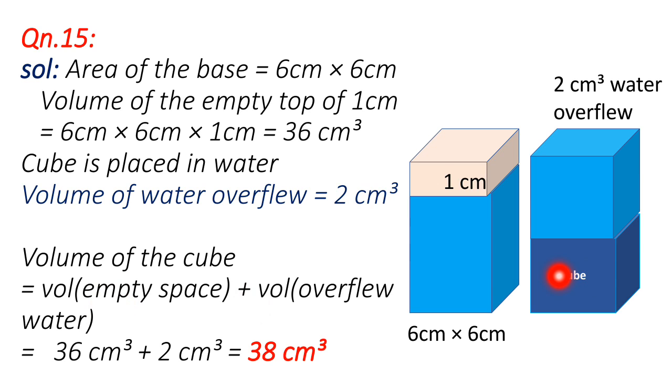When this cube is placed in water, it will occupy that much of space, 38 centimeter cube of space, and that's why the water is displaced up to 38 centimeter cube, up to that empty region, and some amount also overflows.